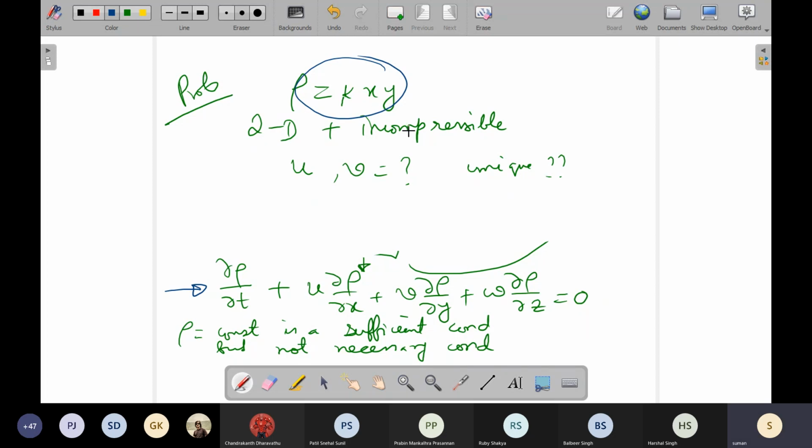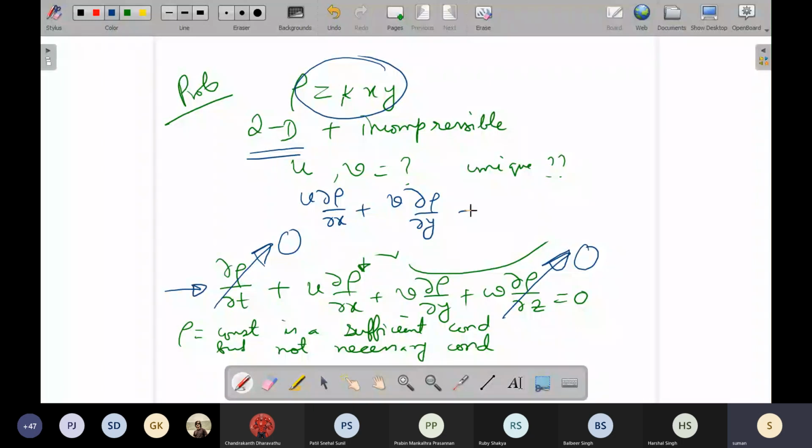So when you have this one, first of all, rho is not a function of time, so this is 0. Rho is also not a function of z. It's a two-dimensional flow. So this has to be 0. So the only thing that you have is u into this plus v into this is 0.